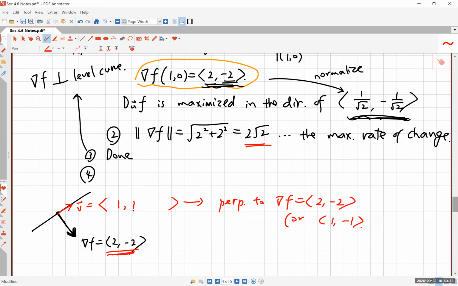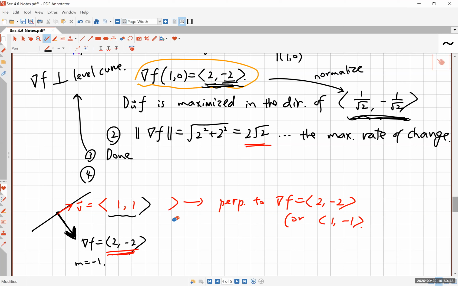So you can just write 1, 1 in this case. In language easily understood by an Algebra 1 student, the gradient has slope of -1, and the negative reciprocal of that is 1. So you want v to have the slope 1. That's another way of saying you want 1, 1.